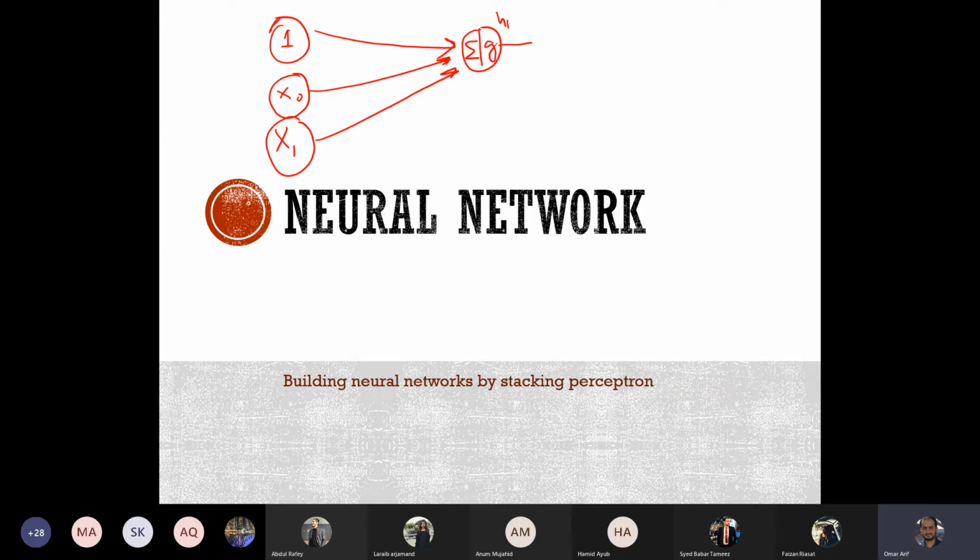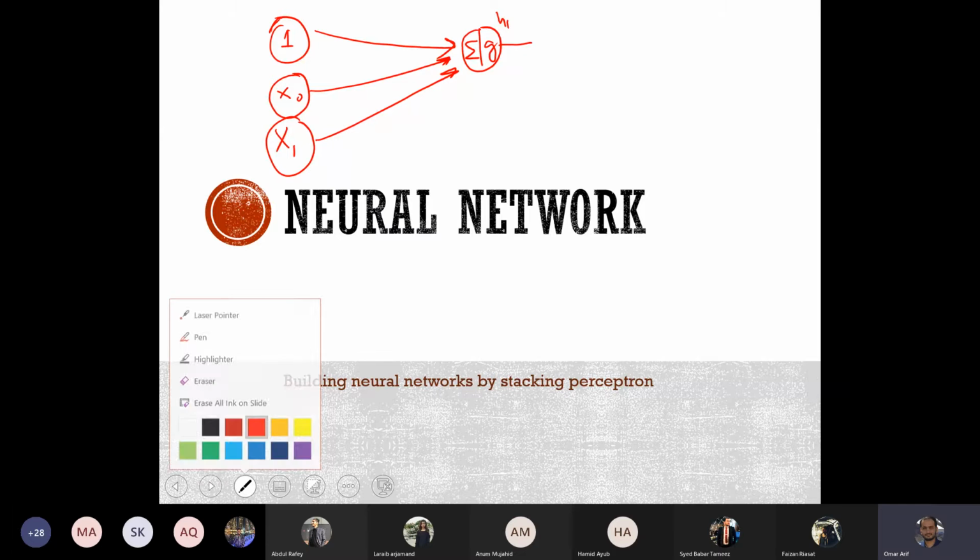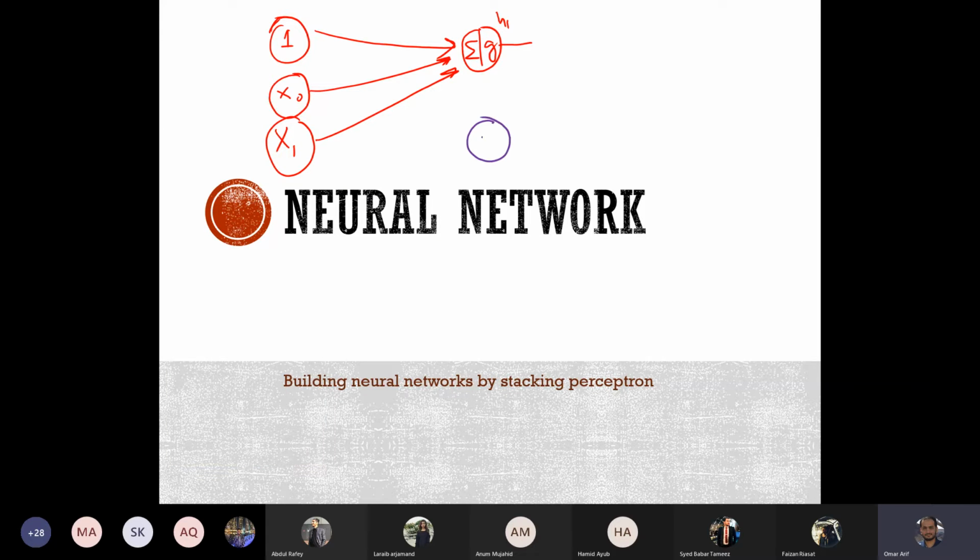Now I can have another neuron with a different color, let's say blue, and it is also getting the input from the input, and it is also producing an output which is h2.